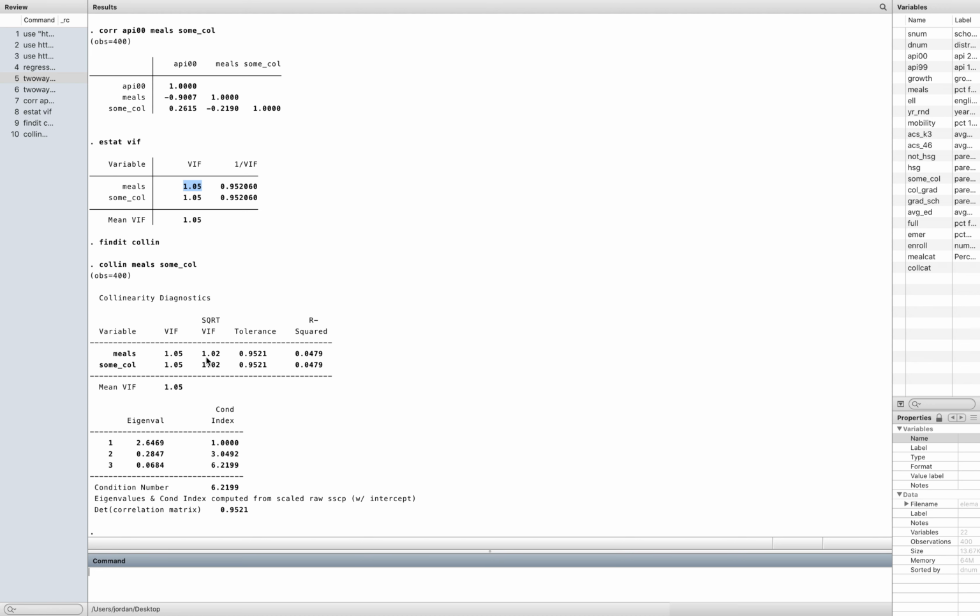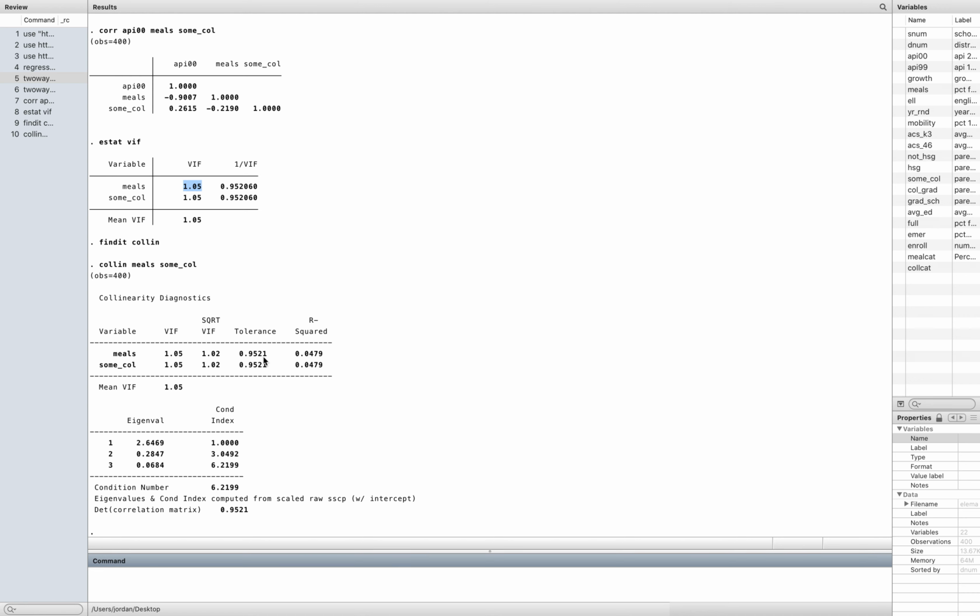So if you have a VIF that's less than 4 and a tolerance statistic that's at least 0.25, then the multicollinearity assumption is met.